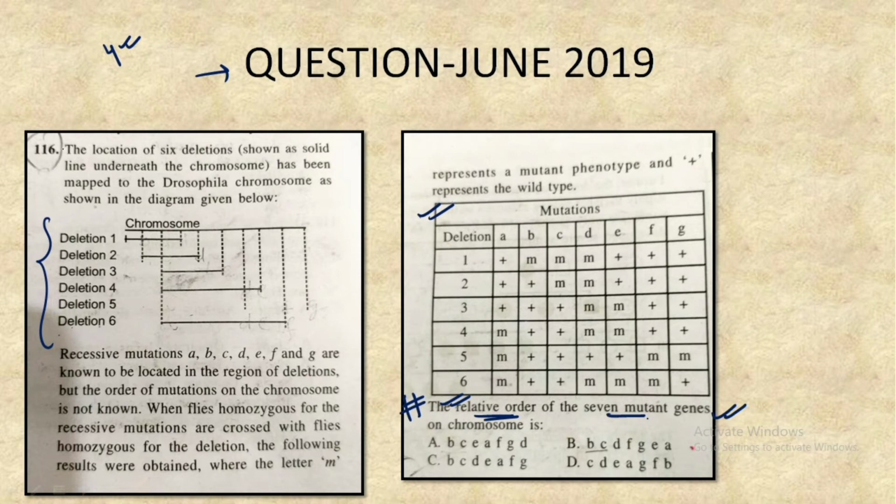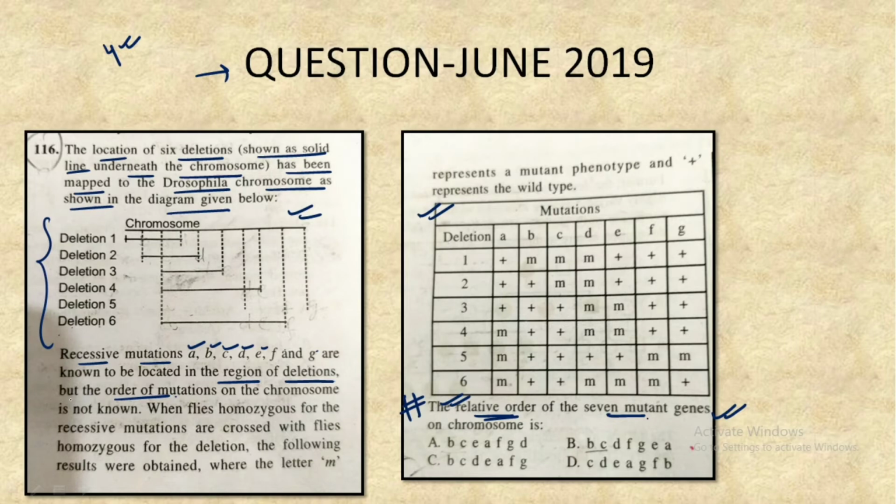The question says that the location of 6 deletions, shown as the solid lines underneath the chromosomes, has been mapped to the Drosophila chromosome as shown in the diagram. So this is the map of the deletions. Then we have the recessive mutations A, B, C, D, E, F, G, known to be located in the region of the deletions, but the order of the mutations on the chromosome is not known.